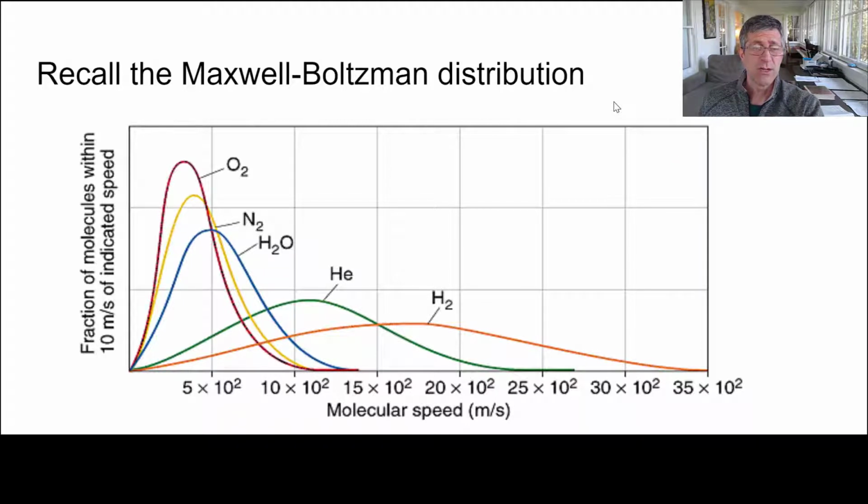But that's the average, right? And you can see from this broad distribution that some are going really slow and some are going very fast. And this tail goes on for a long ways, right? So there are some molecules of hydrogen that are going to be going even faster than the maximum on this graph, which is 3,500 meters per second.